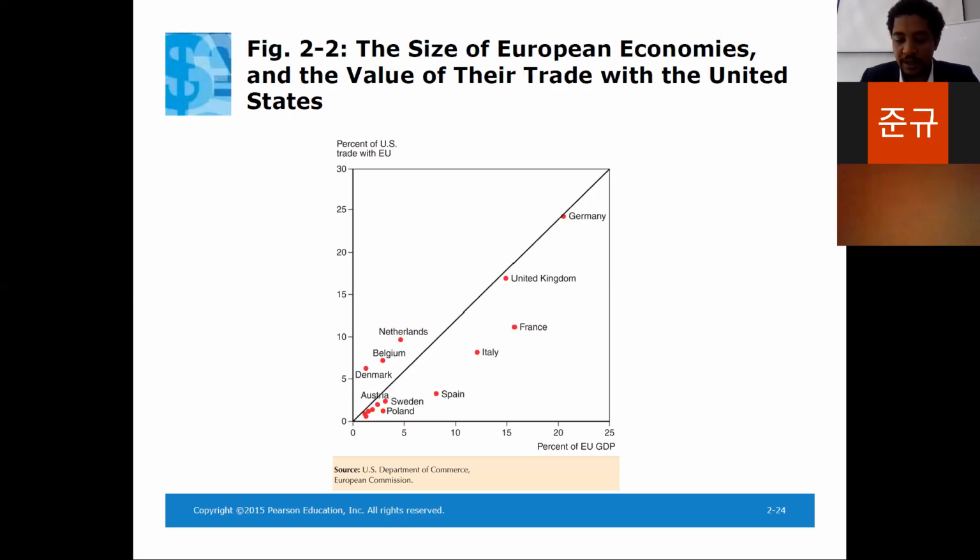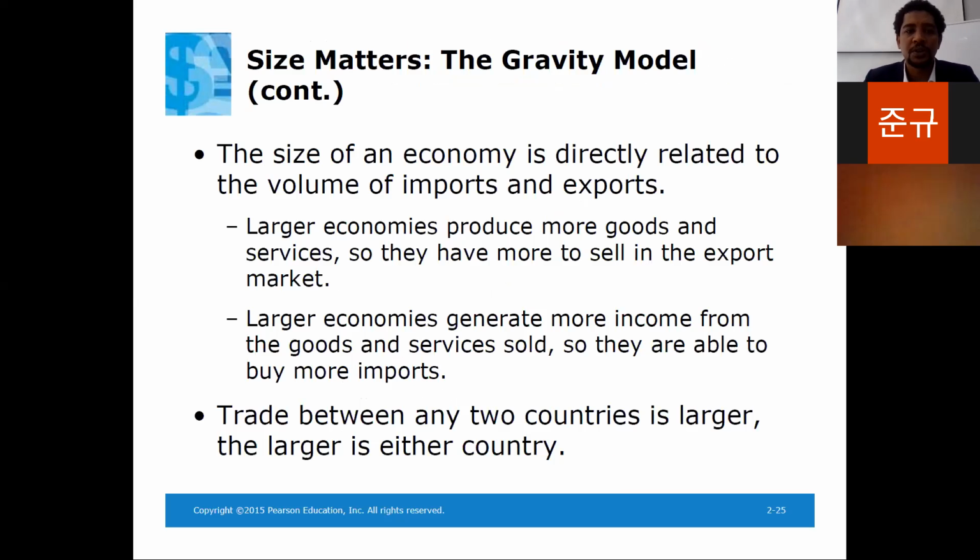That is a simple explanation for the gravity model. The size of an economy is directly related to the volume of imports and exports. Larger economies produce more goods and services, so they have more to sell in export markets.